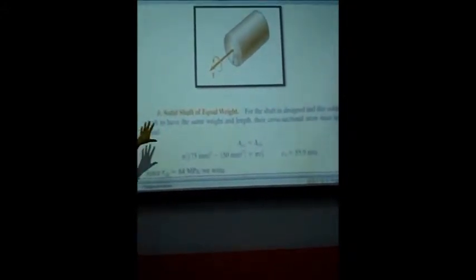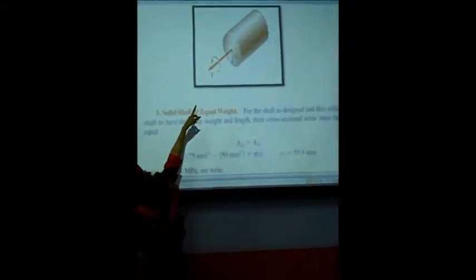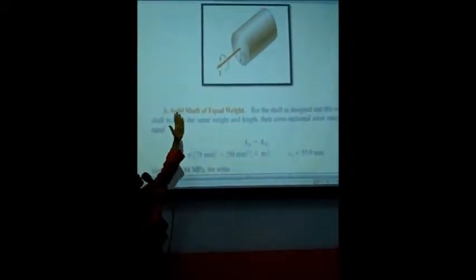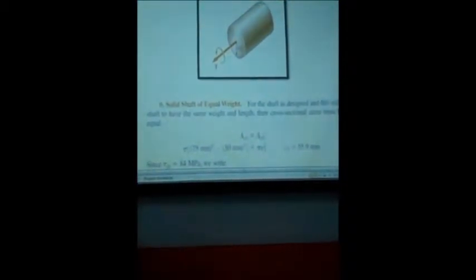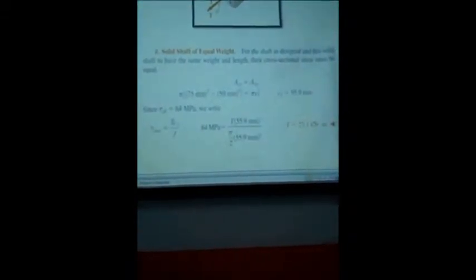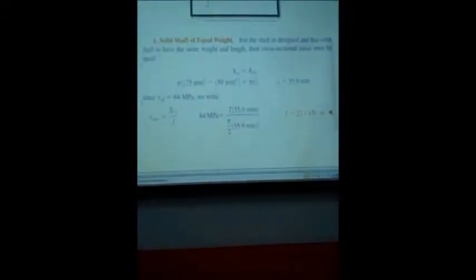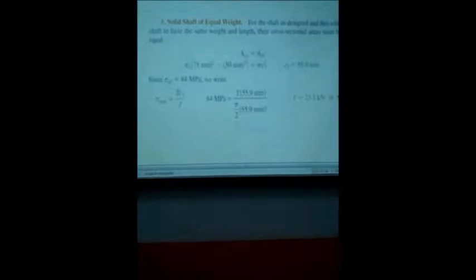So you calculate the cross-sectional area, and then you get the answer T equal to 23.1 kilonewton meter.